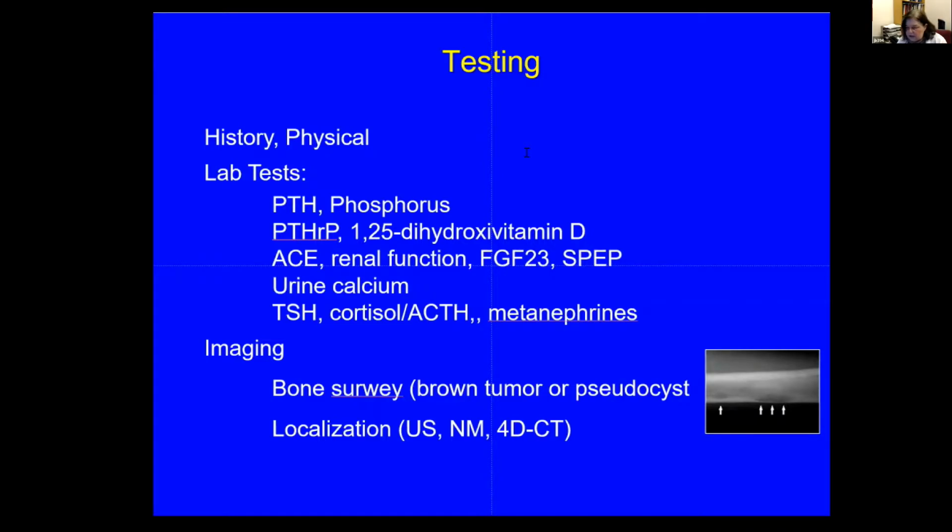Imaging includes a bone survey to look for brown tumors. One is depicted on the right, and localization studies that include ultrasound, nuclear medicine, parathyroid sestamibi scan, and 4D CT.